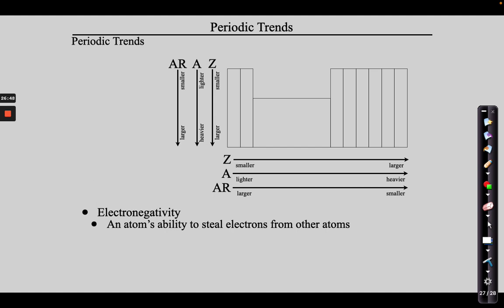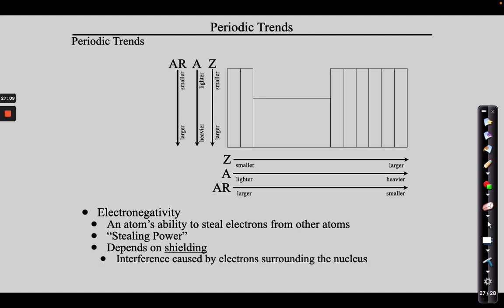This is how good of a thief they are, otherwise known as stealing power. That's the only thing you'll need to write down. This depends on shielding. Shielding is interference that's caused by electrons that are surrounding the nucleus.